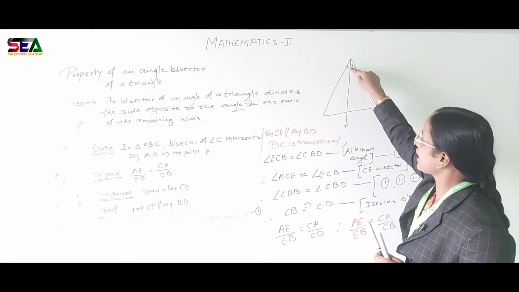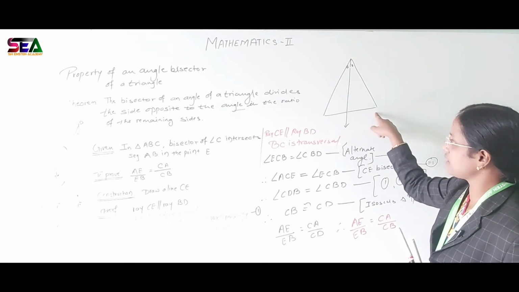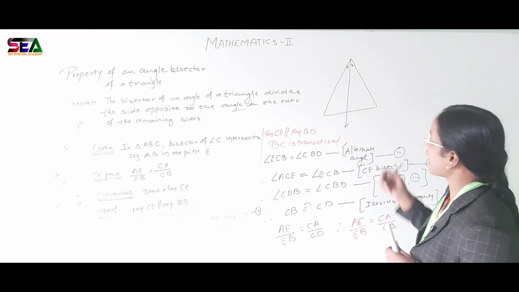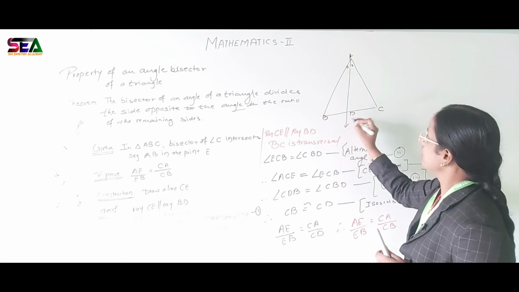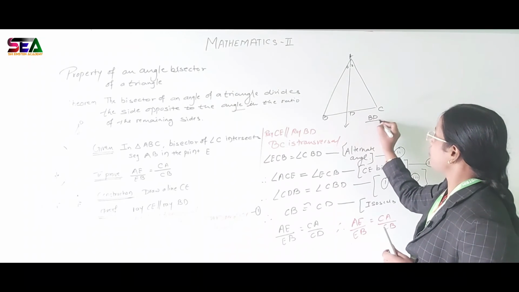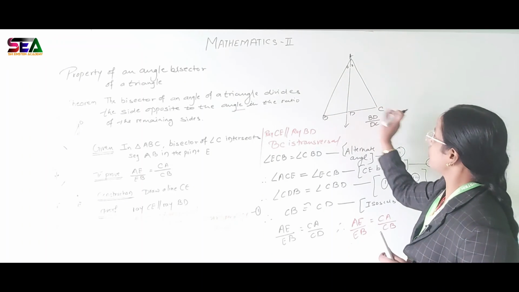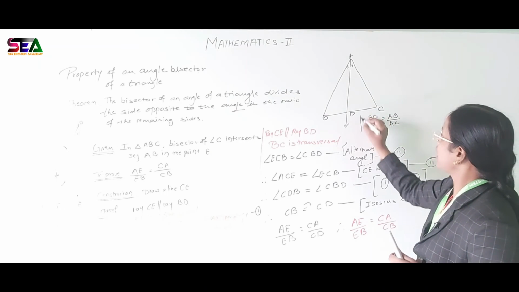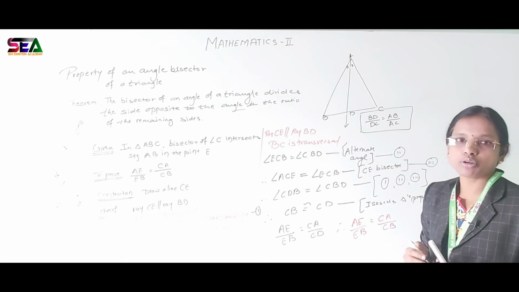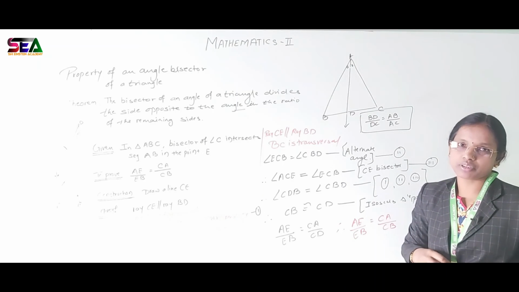That means the side which the bisector of the angle divides. Suppose I give you the names ABCD, so it will be BD upon DC is equal to AB upon AC. With the help of this proportion we can solve sums.